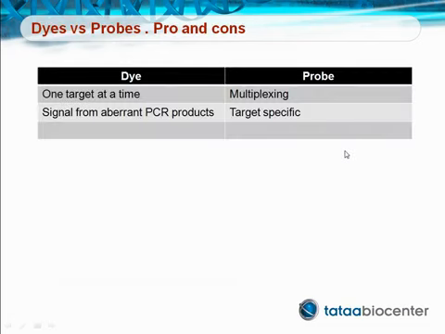The probes also distinguish between the amplicons produced from the targeted sequence and any aberrant amplification products. Dye reporters don't. Dyes bind to any double-stranded DNA formed, generating a fluorescent signal.